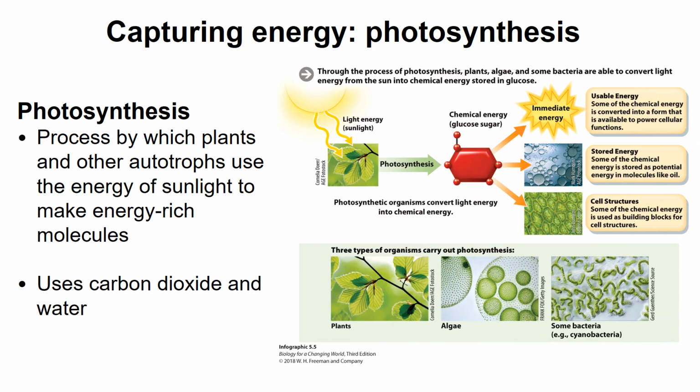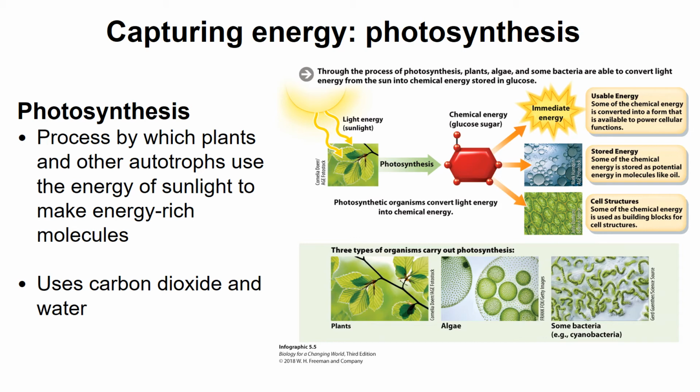So the chloroplast is the organelle that the plant uses in order to capture the energy from the sun in order to produce the energy that the plant needs, or the food, if you will, in order to stay alive. So a plant is considered an autotroph.